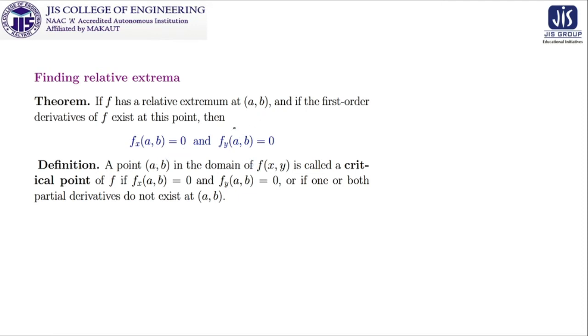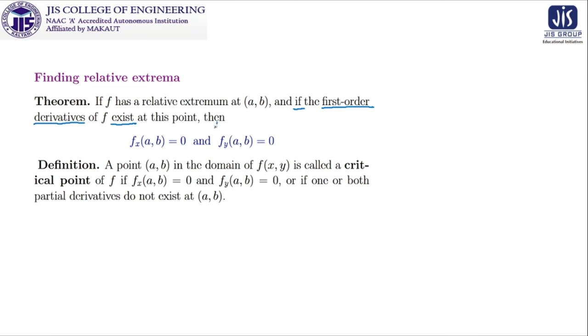But the most important point to observe is that this holds if the first order derivatives of f exist. If they do not exist, what is to be done is not given here, because the condition is not necessary and sufficient. It is one directional, it is only necessary. If the first derivatives of f exist at this point, then they will be 0 if there is a relative extremum.